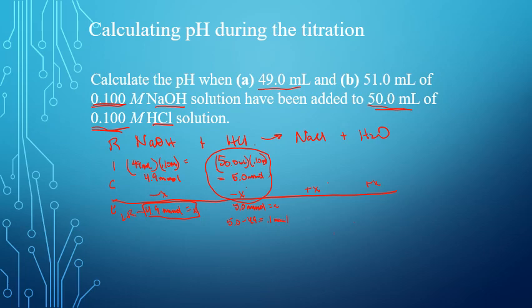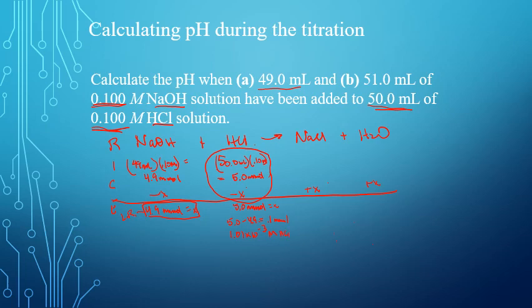Now the reason why that's nice is because I have to divide by the total volume of the solution. Instead of having to convert both of those back into molarity by doing it in liters, now all I have to do is take the 0.1 and divide it by the total volume, which is just 99, and that gives me 1.01 times 10 to the negative third molar HCl.